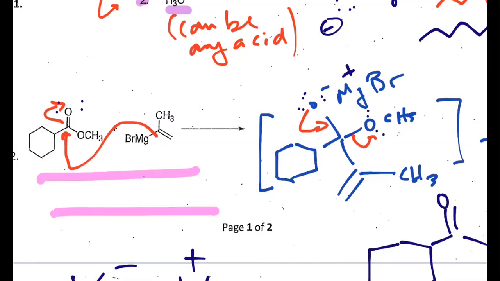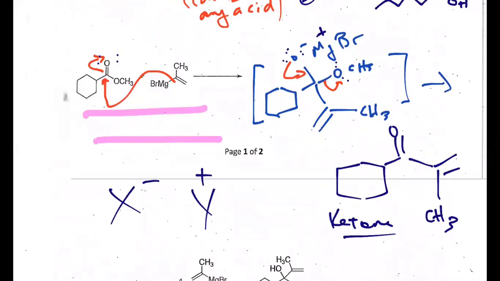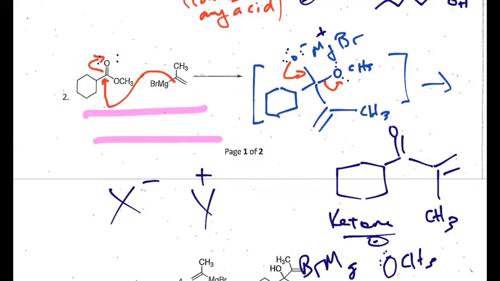Because that oxygen, when it picks up that pair of electrons from the sigma bond between carbon, it's going to become negative. So it's like OCH3. It's got 3 lone pairs, and it's negative. So that's where magnesium is going. Because anytime you're making salts, if you have an atom or a functional group that's negative, and a positively charged metal or some other atom, they're going to find each other.